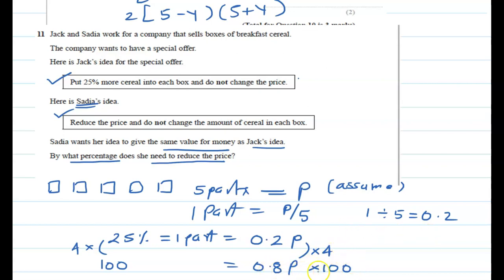So 0.8 times 100 is 80%. 80% of the price, so it means 20% reduction. I hope you understand. Let's go for question number 12.